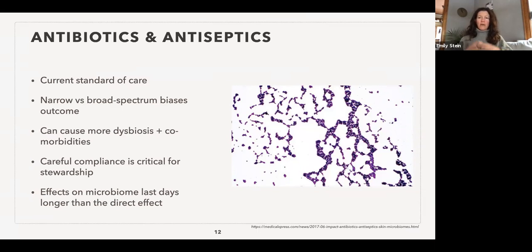And so then they will take over and establish themselves on the real estate that was freed up by that antibiotic, and that animal will now have an overgrowth of this drug-resistant species. So your treatment choice can actually bias outcomes in the microbiome. It can actually lead to also more dysbiosis and comorbidities.